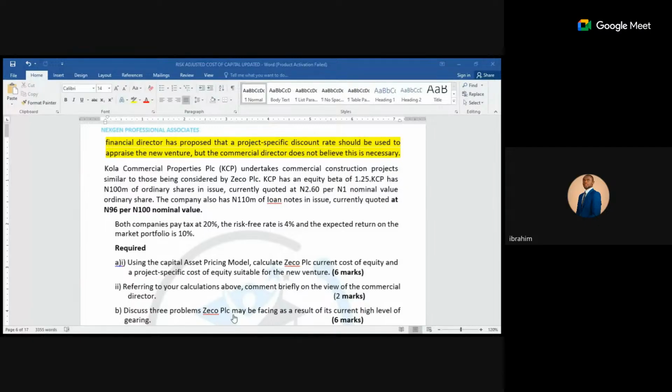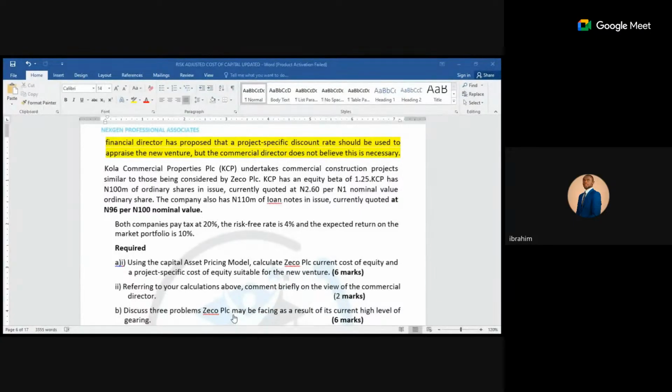Meaning that, indicating that if the company uses that 18% to discount the project, they are overstating the NPV.